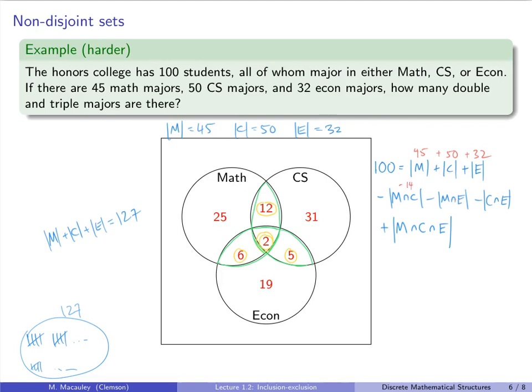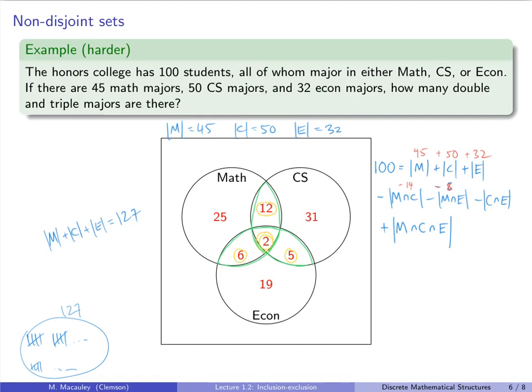Subtracting off M intersect E, that's not 6, that's 8, so minus 8. And then minus C intersect E, that's 7 right there.